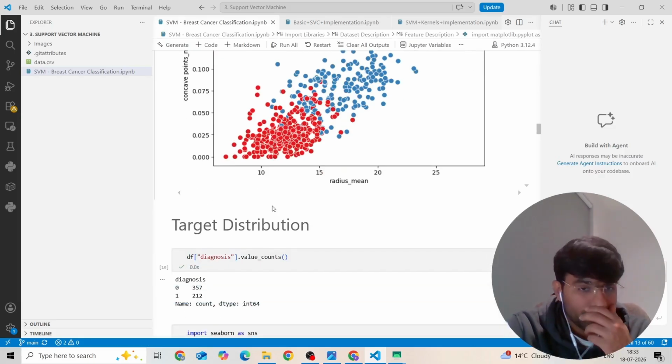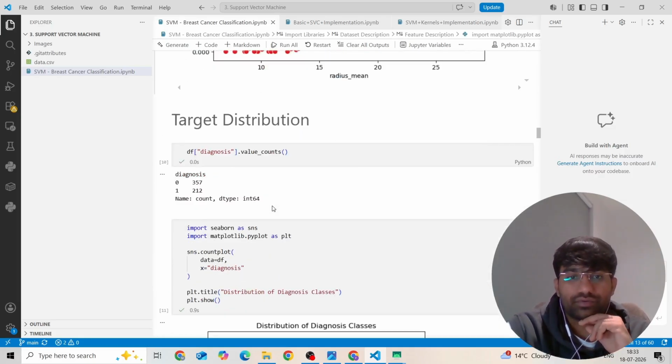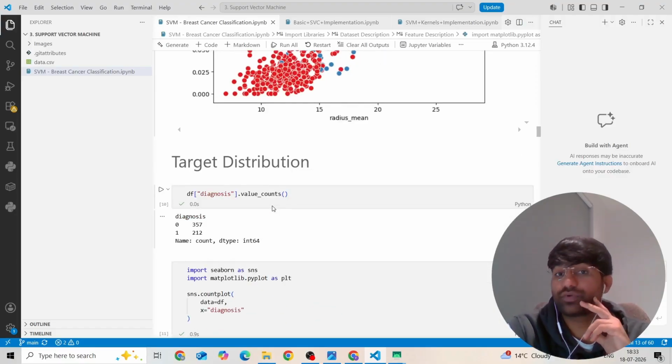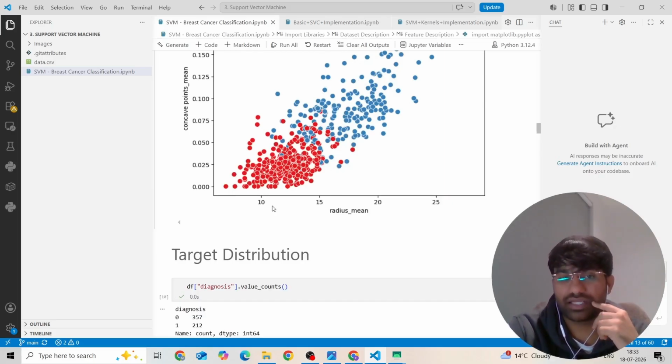Before building the model, I have to check whether the data is balanced or imbalanced. I have shown you also how to handle imbalanced data in the logistic regression video. The link will be in the description.